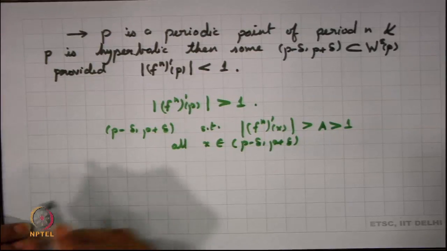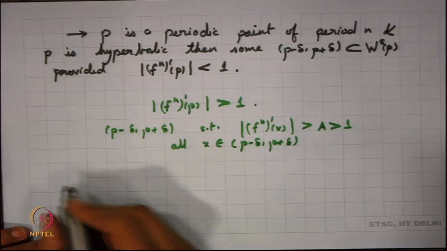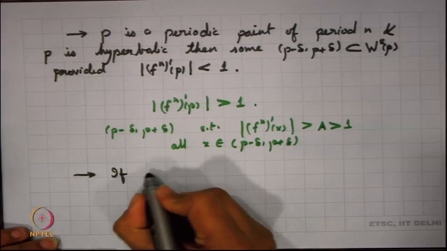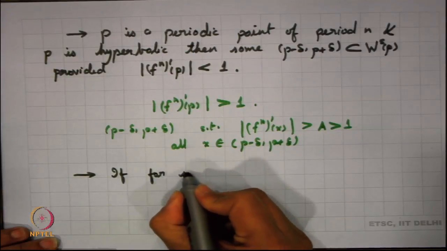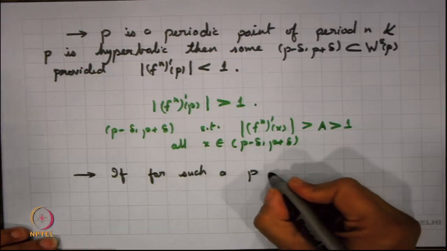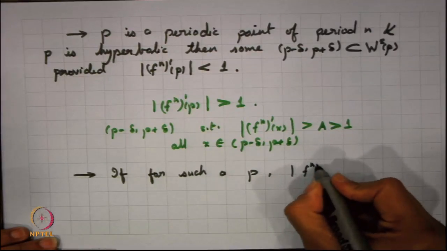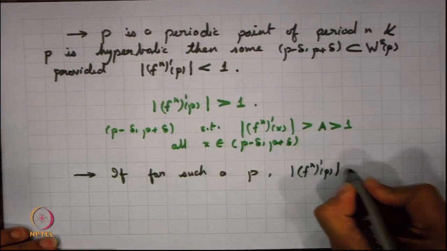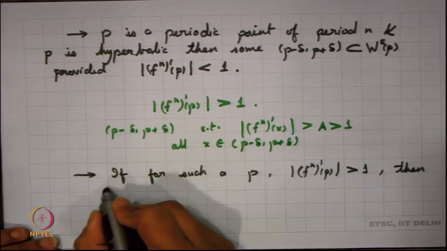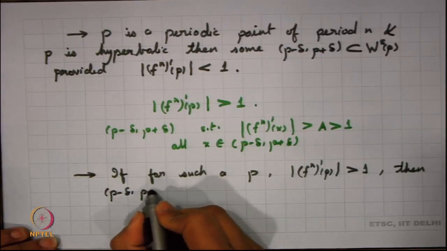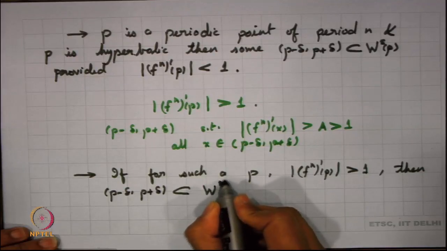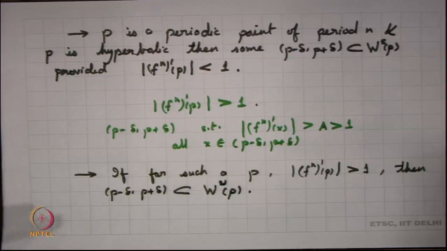So, if for such a p the modulus of (f^n)'(p) is greater than 1, then you have (p minus delta, p plus delta) contained in the unstable set of p.